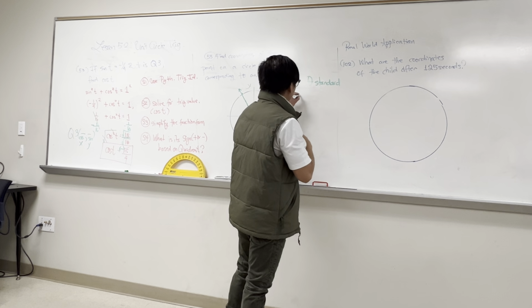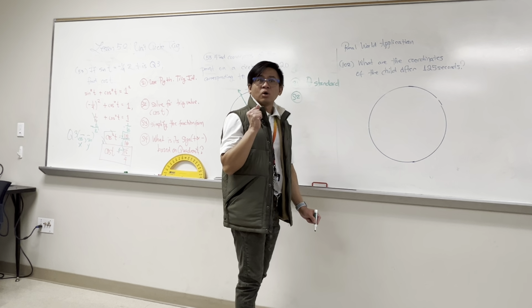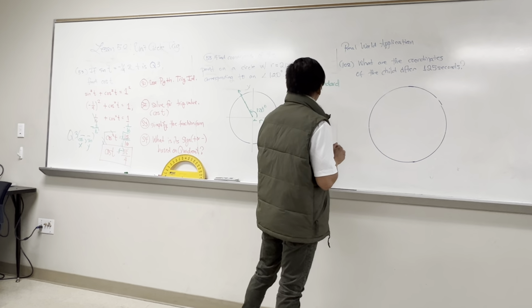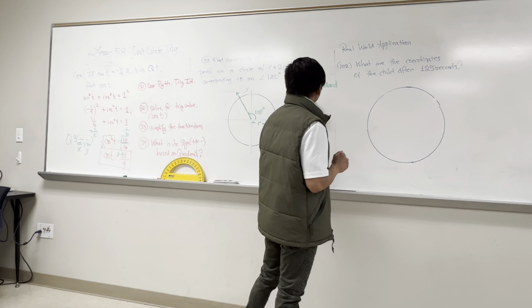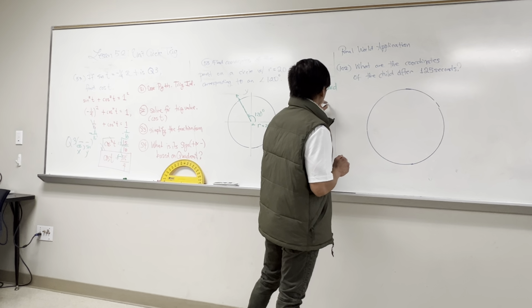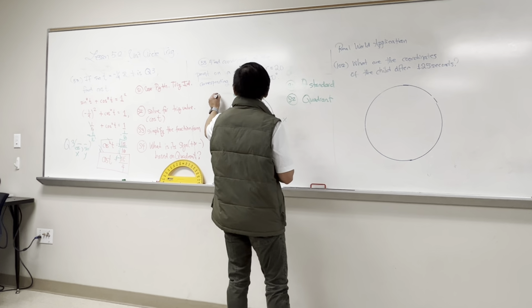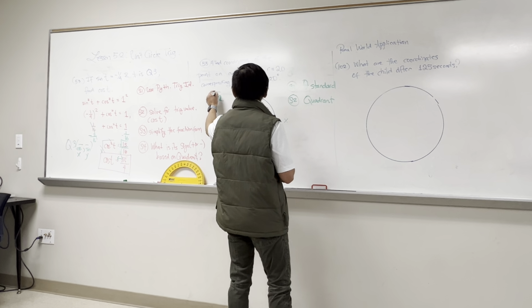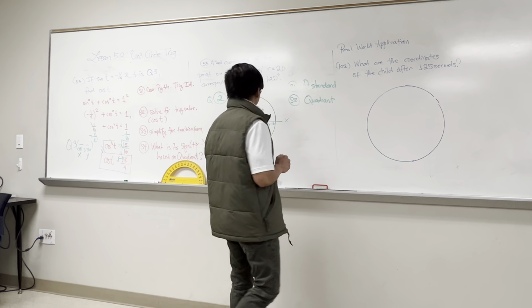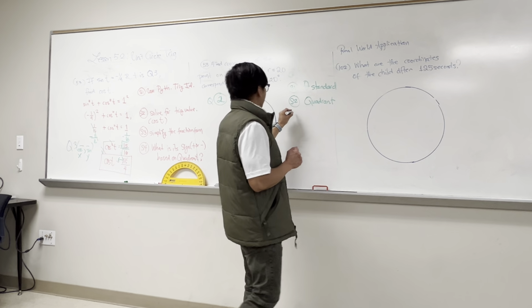Step number 2, what's that again? Quadrant location, right? What is its quadrant? 2. There we go. Step number 3.